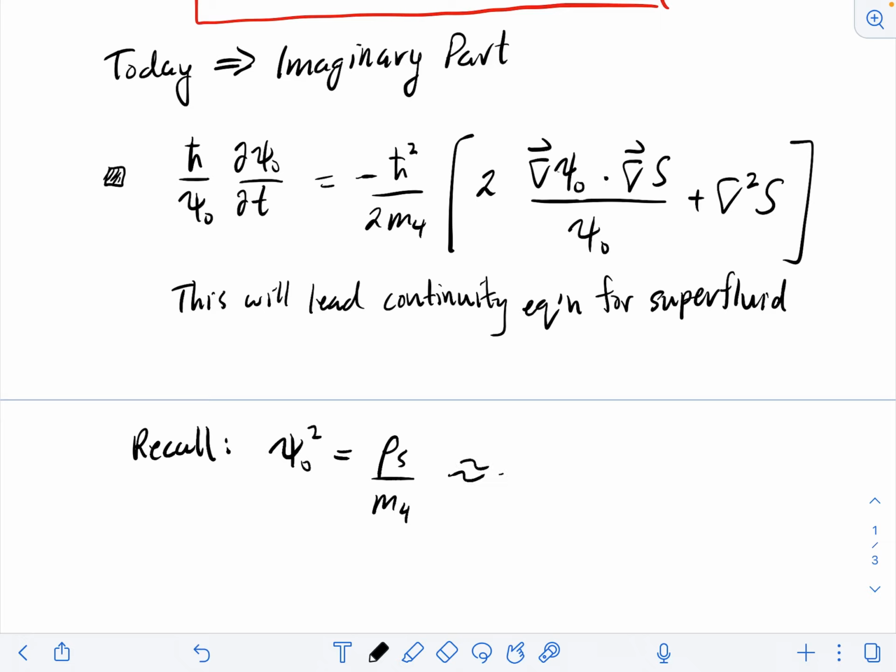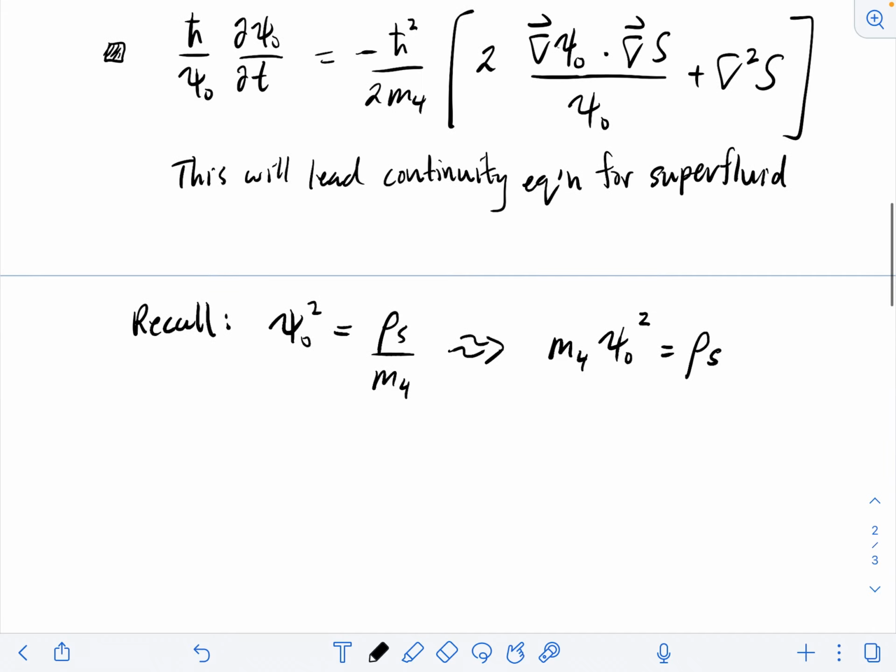That means that the mass times the square of the wave function is the mass density of the superfluid. The other thing we know, and that we've used multiple times, is that the gradient of the phase of the wave function multiplied by some constants is the superfluid velocity.